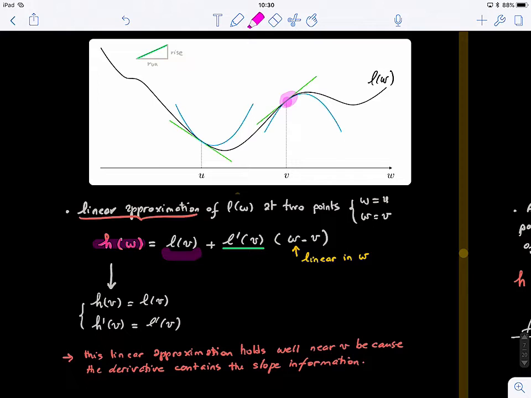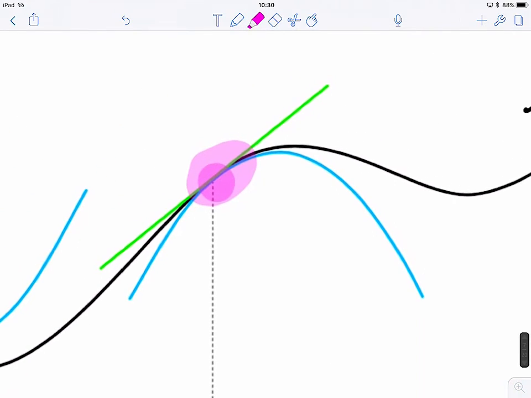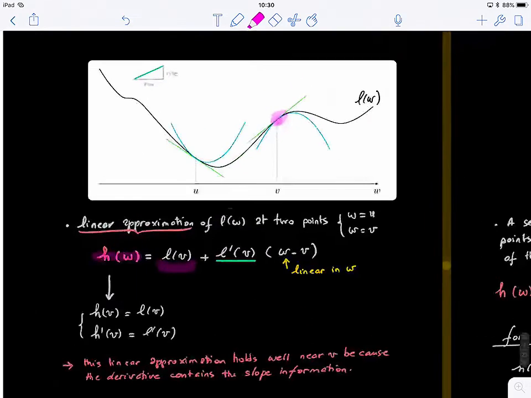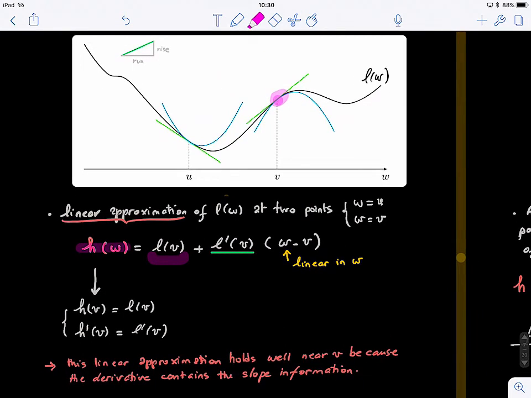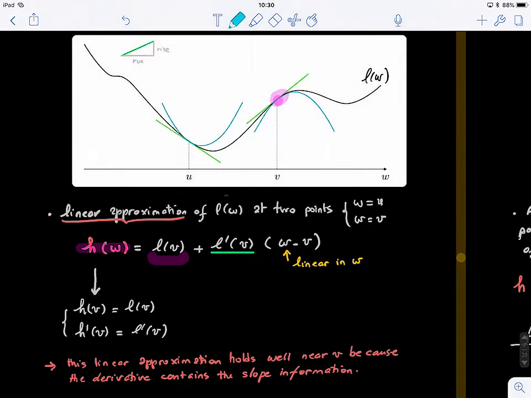Okay, so it's a local approximation. We want to look at this local behavior or geometry of our loss function. This is just a simple definition of the gradient, and you notice it's linear in omega.